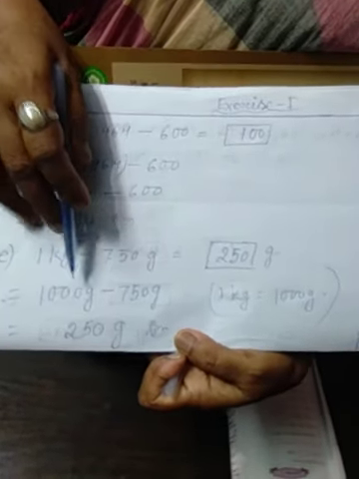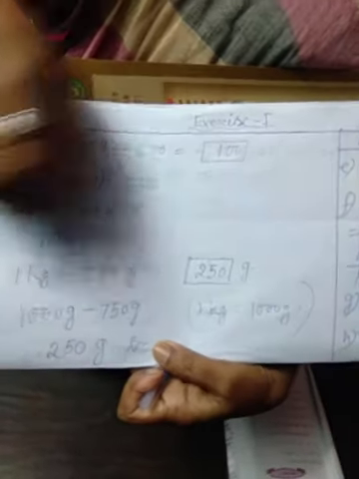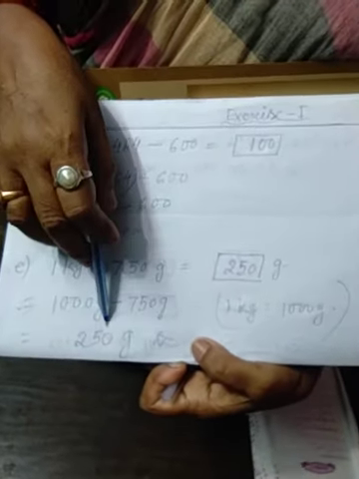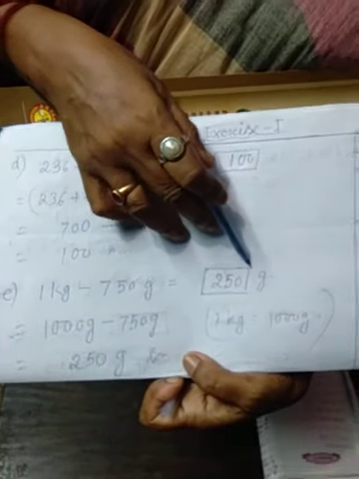So it is clear to you. 1 kg, 750 gram. Kg we transfer into gram. So 1 kg is 1000 gram. 1000 gram minus 750 gram is 250 gram. 250 gram in the blank box. Okay.